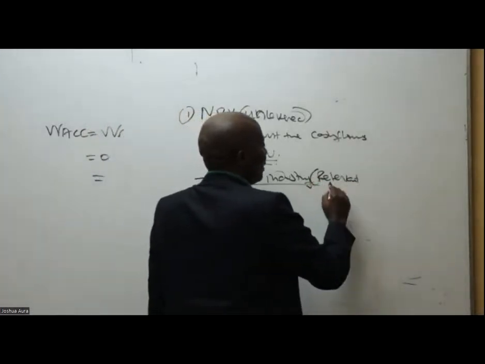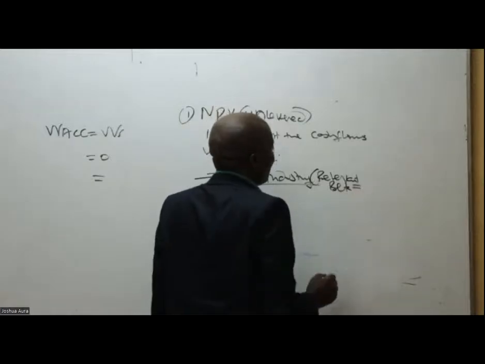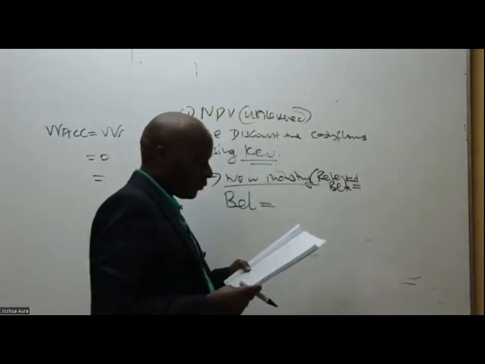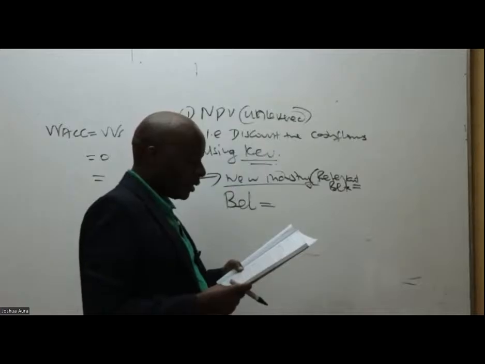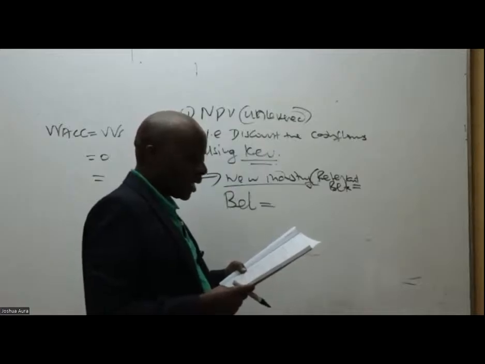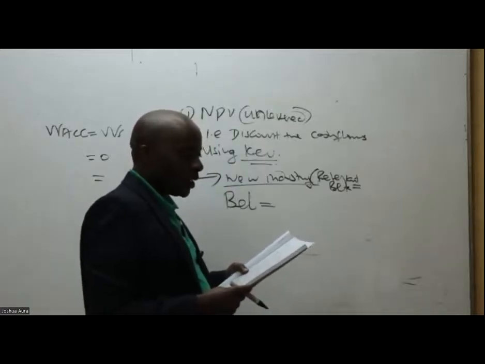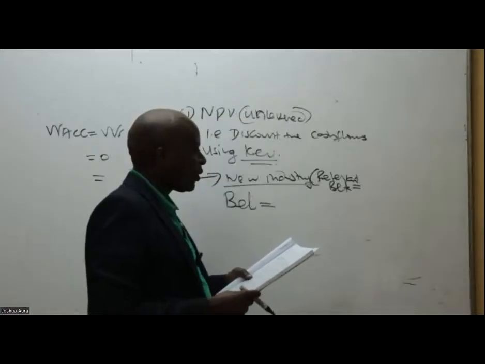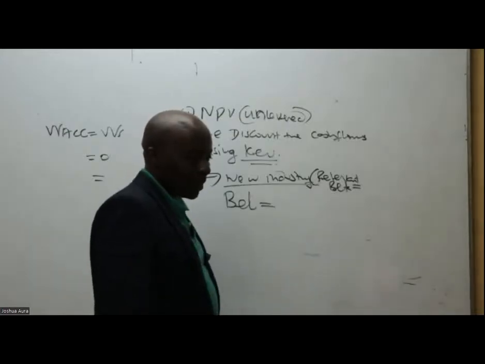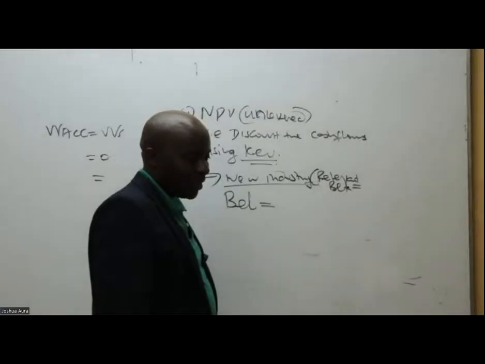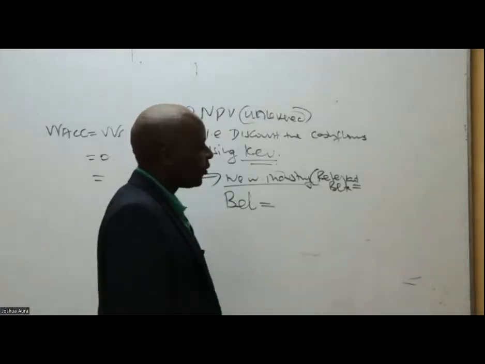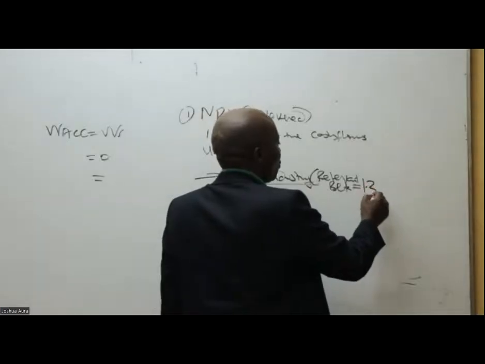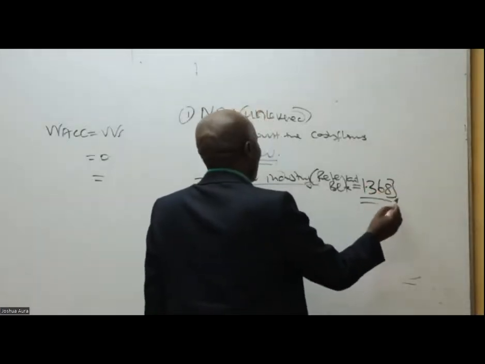So the relevant beta of the new industry, these guys have given us for sure a figure. Is there anybody who is able to see the relevant beta of the new industry, which is the plastics industry? 1.368. Thank you so much.